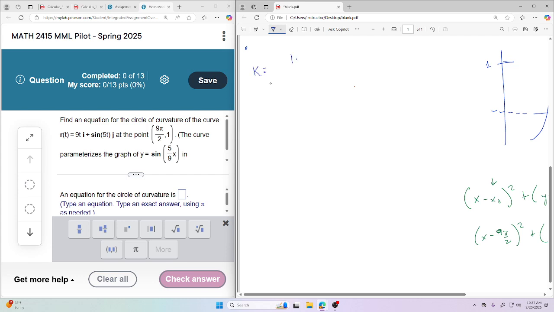Curvature is the absolute value of y double prime over 1 plus y prime squared, to the 3 halves. I'm just copying it down. So this is not too bad. I have sine of 5 over 9 x.